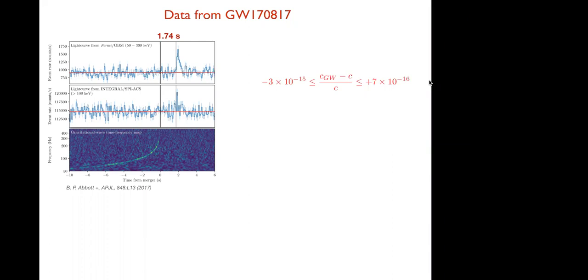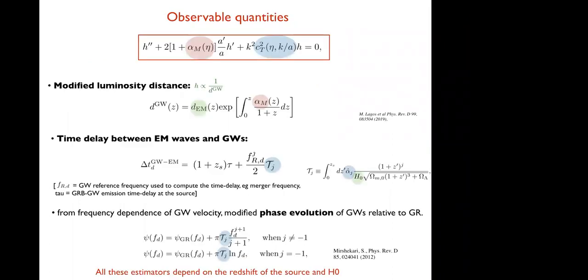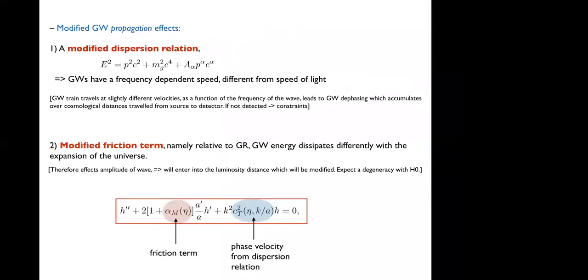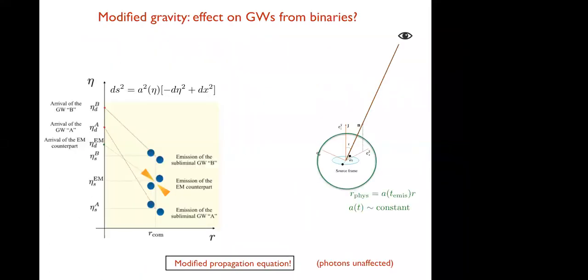Okay, and the second part: you assume, for example, just the modification of propagation. What about the modification of generation, when we don't assume that the environment or the source is valid for GR? So, for example, if in the strong field regime we have a theory that modifies the generation of gravitational waves.